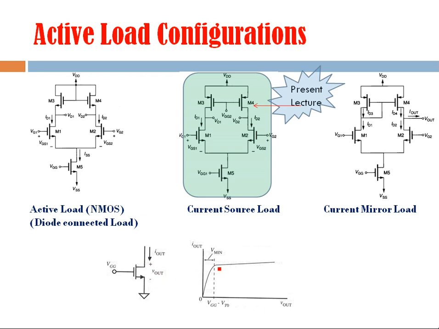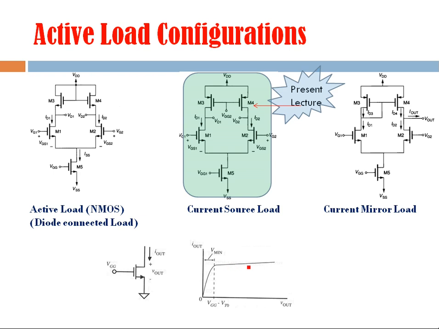So you can see if the drain source voltage is more than VGS minus VT, then the curve is almost flat, and ideally it is completely flat, and output resistance which it offers is infinite. Practically it is not infinite, but it's very high.